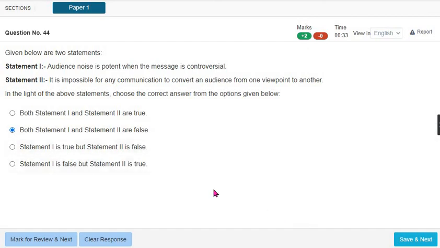No, it's true. Statement one is true and statement two is false.